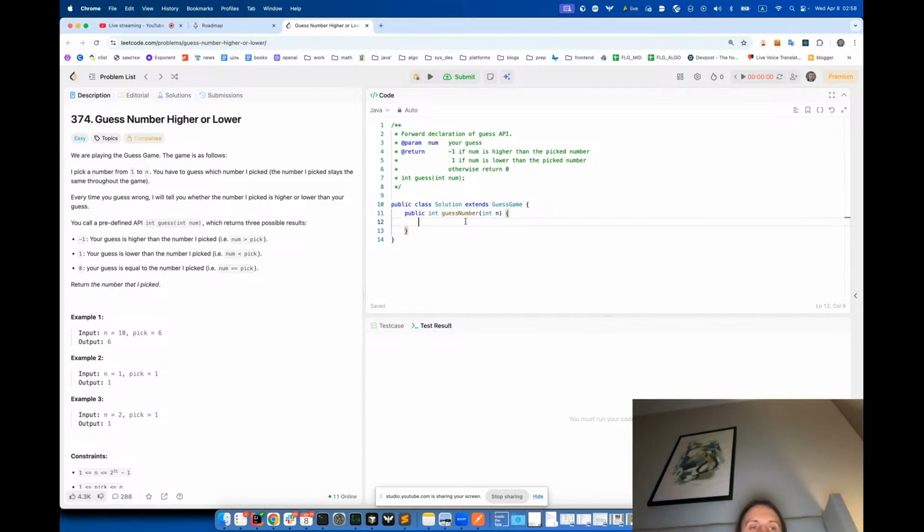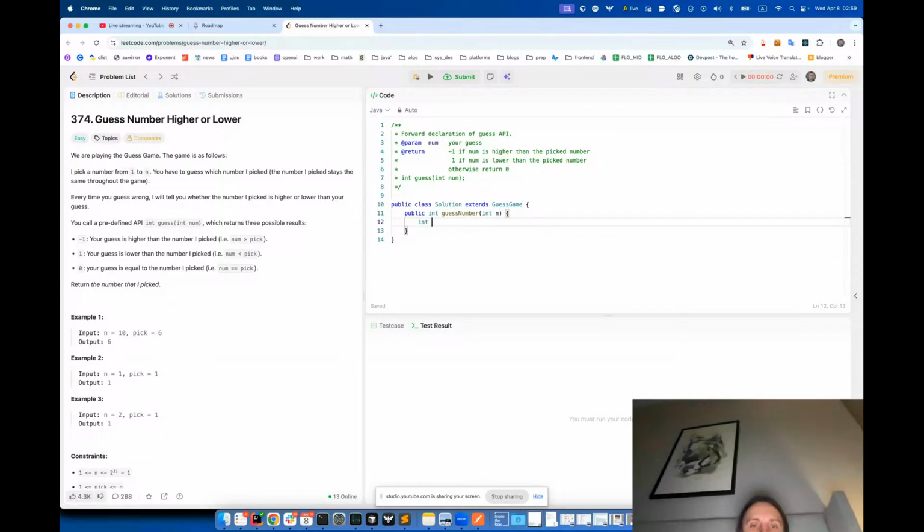You call a predefined guess API, which returns 3 possible results: -1, your guess is higher, 1, your guess is lower, or 0, your guess is equal. So we need to return the number that was picked.